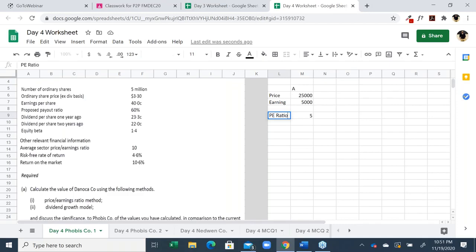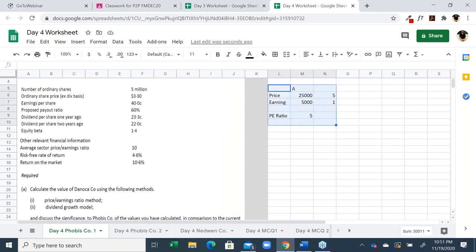This company is valued as 5 times of its earning, which means that if it is giving us an earning of $1, we are willing to pay $5 for this share, which is giving us $1 of earning on every share. That's what price earning ratio is.